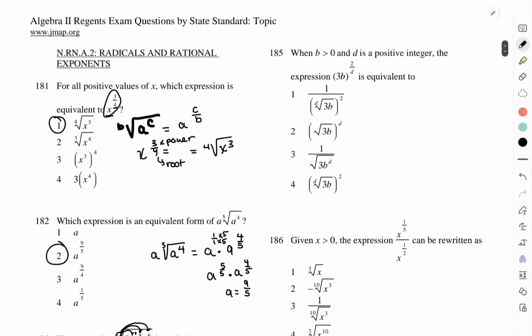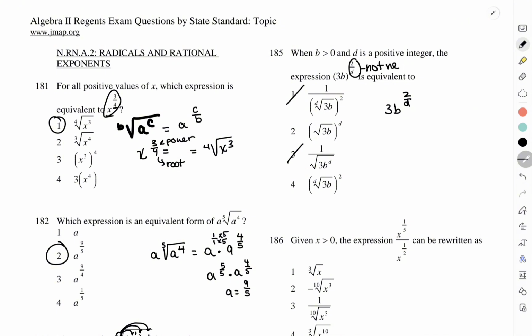Question 185. When b is greater than 0 and d is a positive integer, the expression 3b to the 2 over d is equivalent to. So we write this ourselves. So 3b to the 2 over d. And I just want to point out, we can eliminate answer choice 1 and 3. Why? Because our exponent is not negative.